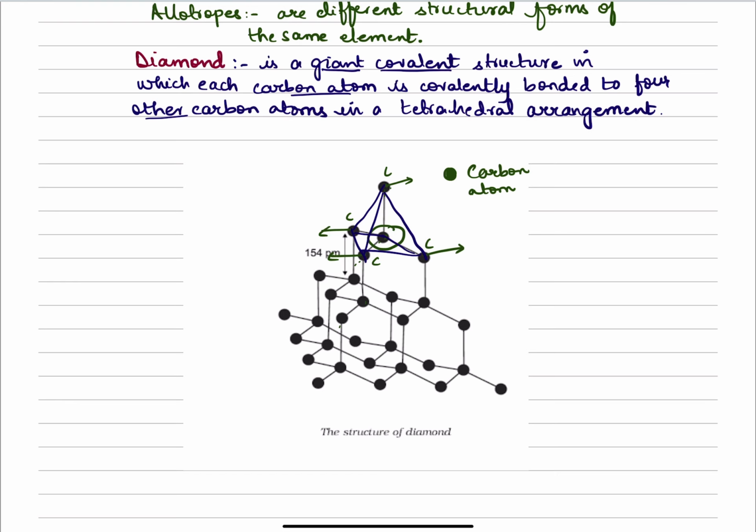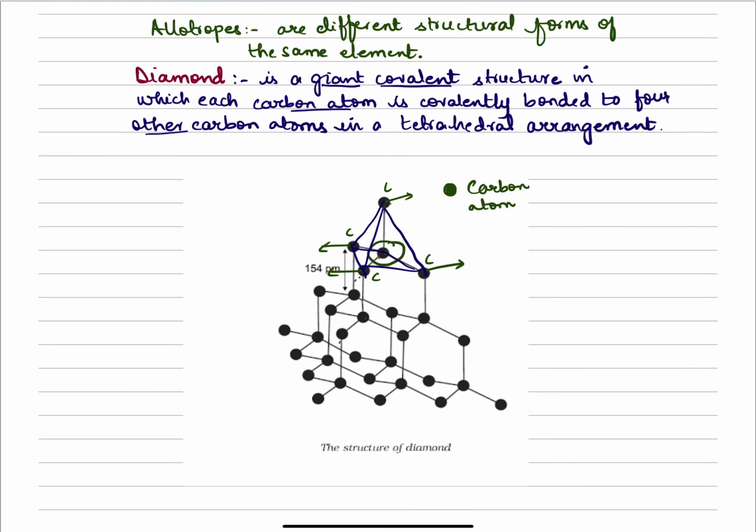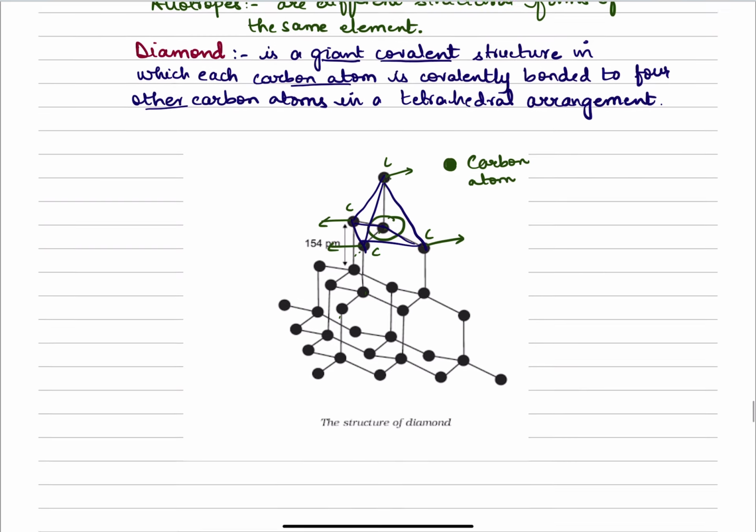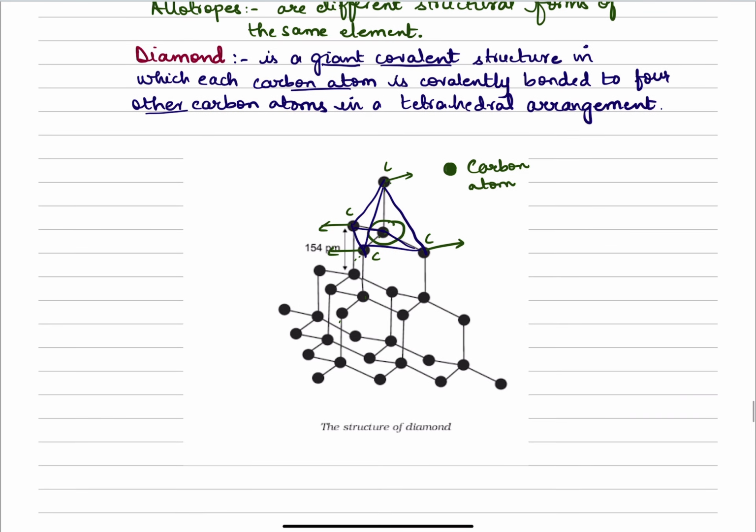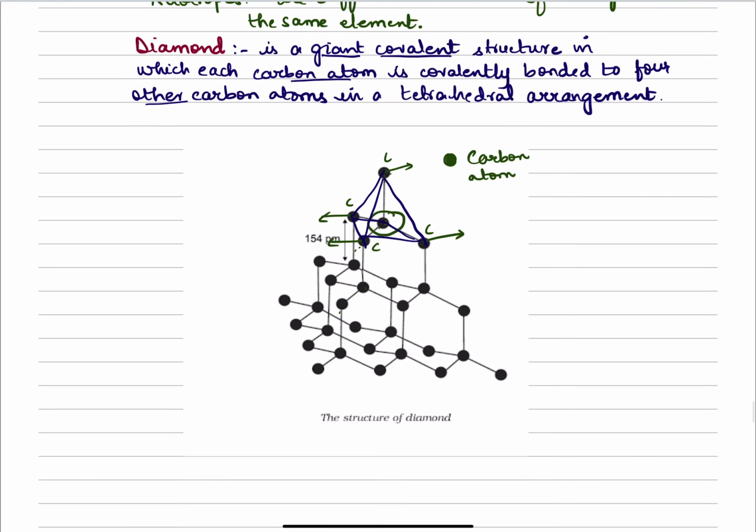Since it's a giant covalent structure, we will talk about the properties of all 3 together. But since diamond is a giant covalent structure, it will obviously have high melting and boiling points. Why? Because I have to break these strong covalent bonds in order to melt diamond.